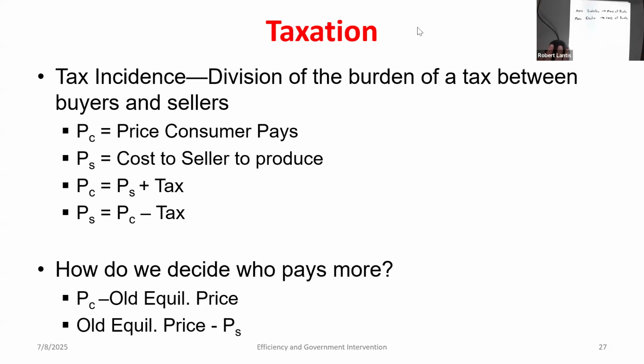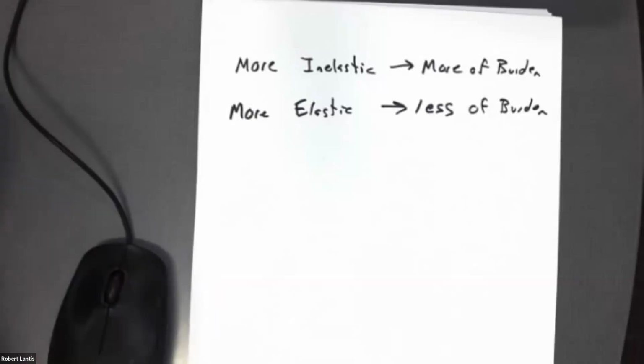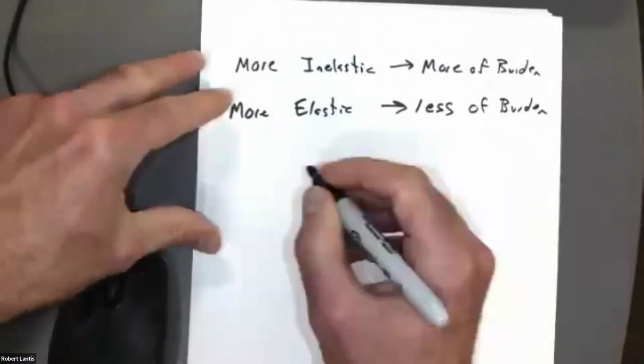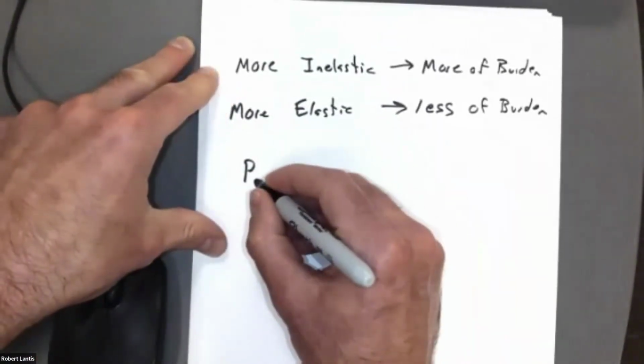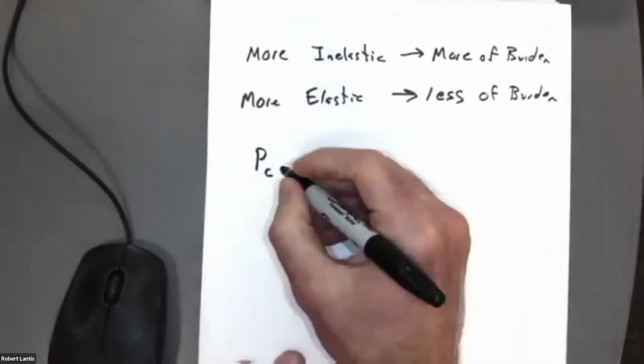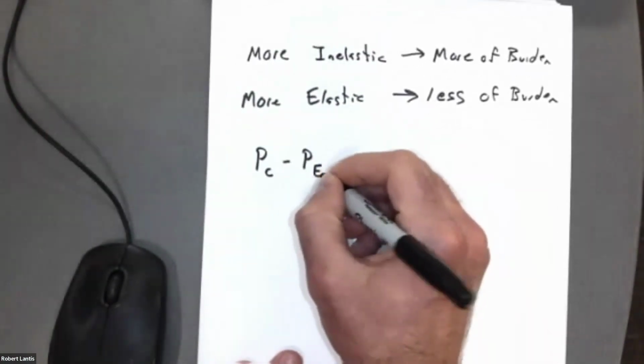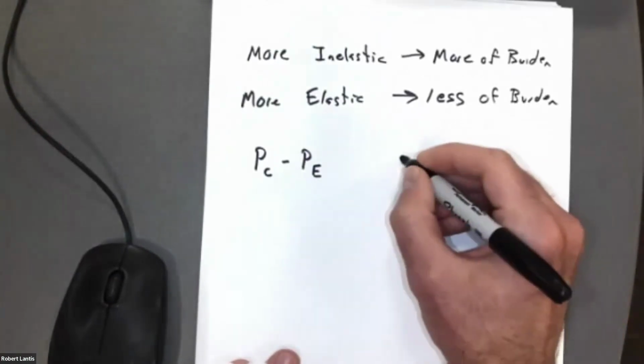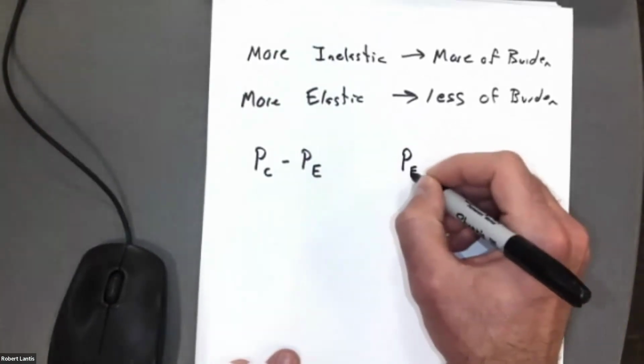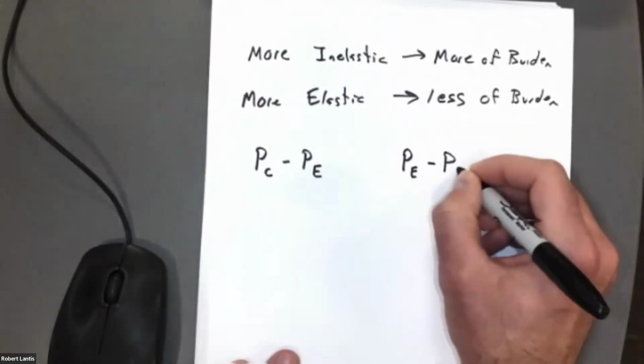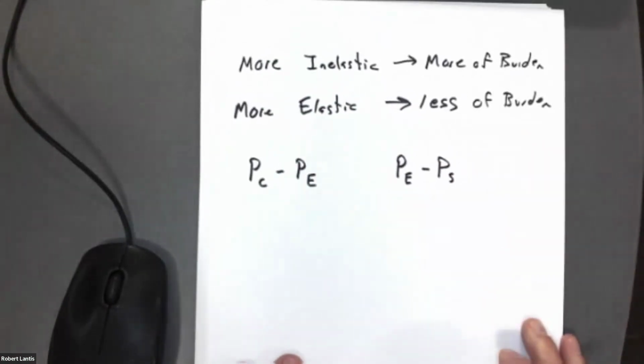Okay. So let me shorthand this here. I'm thinking about the price the consumer pays after the tax minus the old equilibrium price. And then I'm going to compare that to the old equilibrium price minus the new lower price that sellers get to keep.